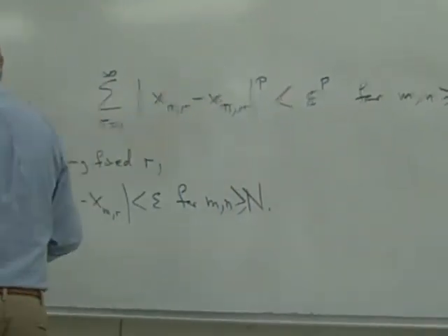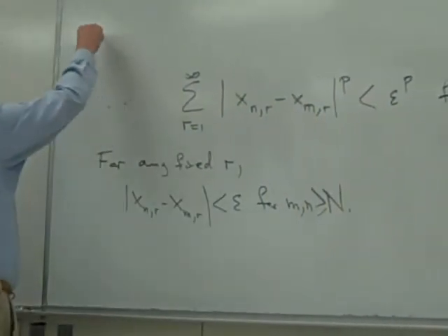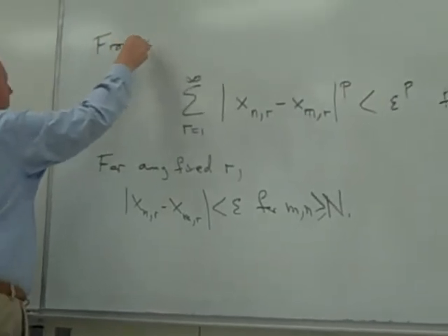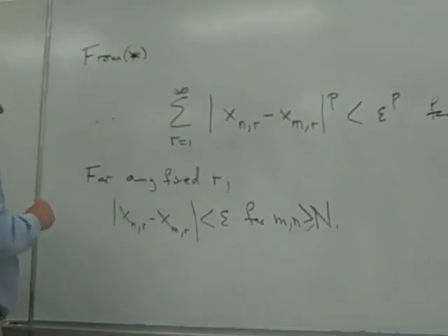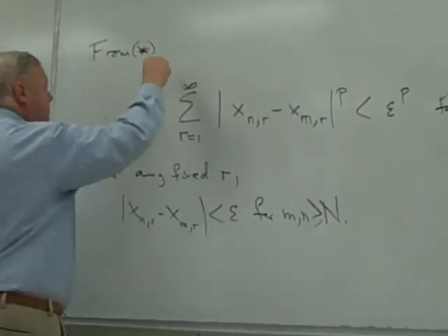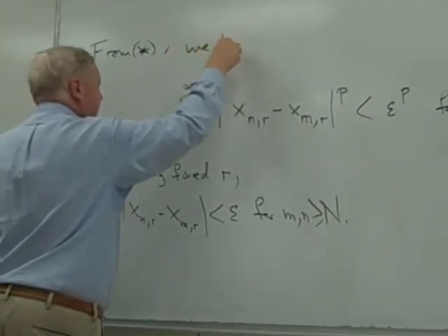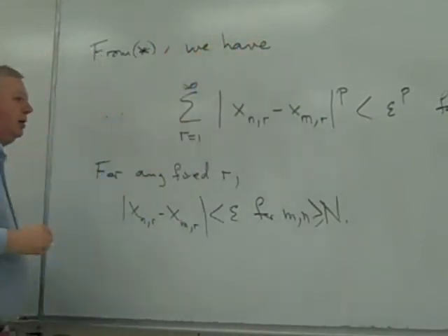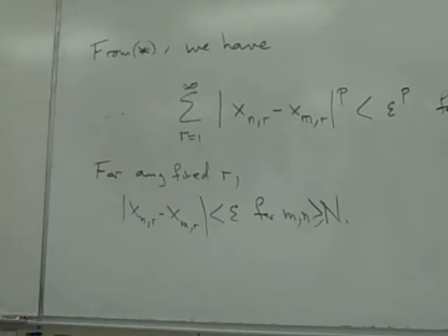So before I erase it, from star, we have the following. Well, if the sum from 1 to infinity is less than epsilon over p, then the sum from 1 to any finite stage is also less than epsilon over p.